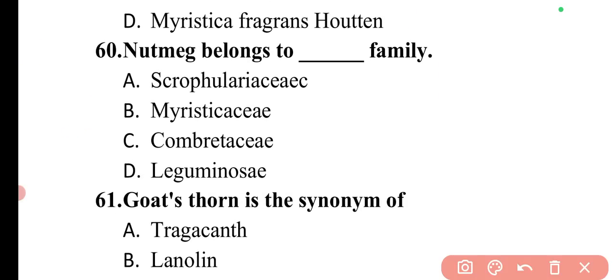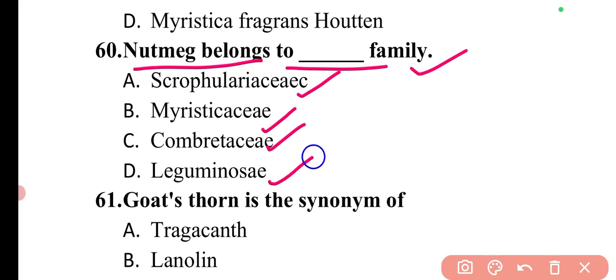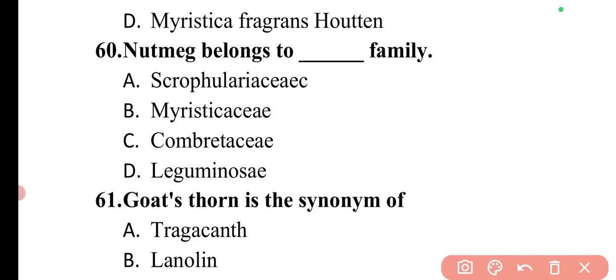Next question is nutmeg belongs to dash family. Options are Scrophulariaceae, Myristicaceae, Combretaceae, or Leguminosae. And the correct answer is option number B, Myristicaceae.